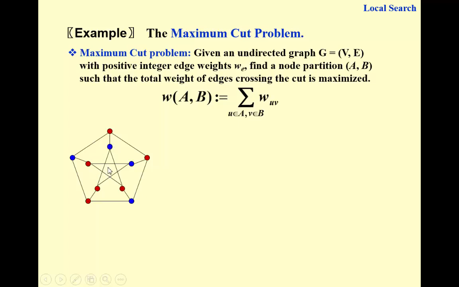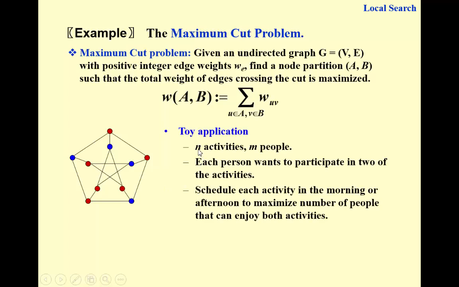So to make everybody happy, we should schedule some of the talks in the morning and some other talks in the afternoon, so everybody can attend one talk in the morning and the other talk in the afternoon. That's the toy application. Say we have n activities and m people, and each person wants to participate in two of the activities.